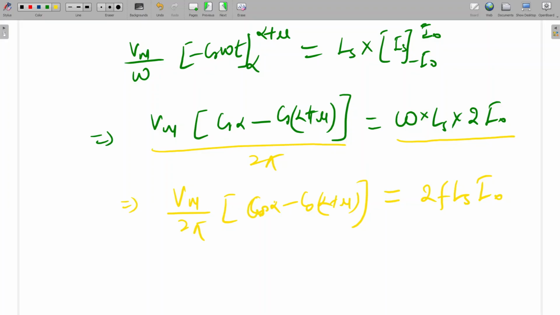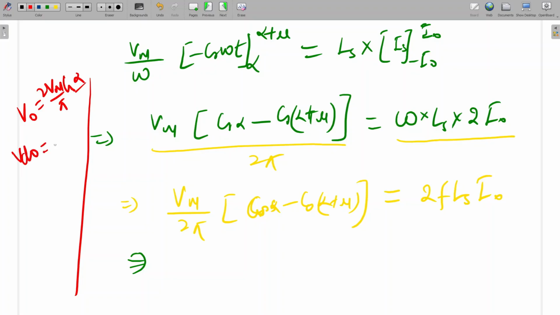Is it clear? Here I am taking this 2 to that side, because what is V d0 by 2 for this kind of converter? Vd is equal to 2 Vm upon pi cos alpha. What is V d0? V d0 is equal to 2 Vm upon pi, and V d0 by 2 will be Vm upon pi.